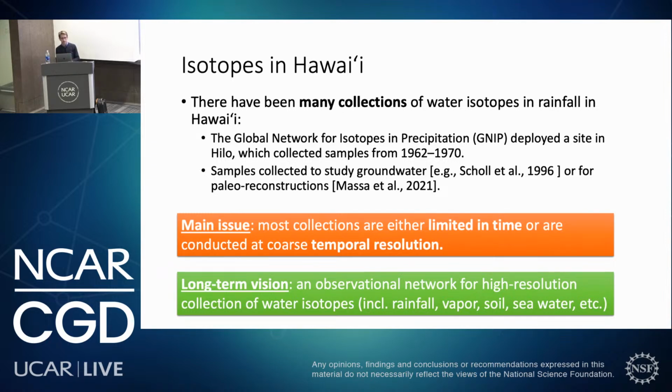A lot of the studies, such as Martha Scholl's, were done for groundwater purposes, and so the records were collected with a frequency of 3 or 4 months even. In 3 or 4 months, for groundwater maybe not much changes, but for the weather there's a ton of changes, right? So one of the main issues with water isotopes in Hawaii was that we lacked a long-term, high-frequency data set. And this is what I try to do.